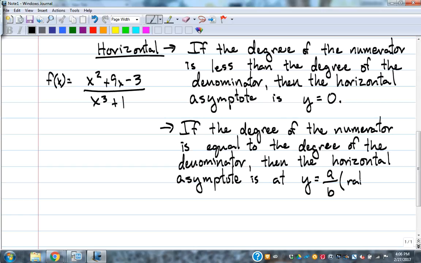That's the ratio of the leading coefficients.